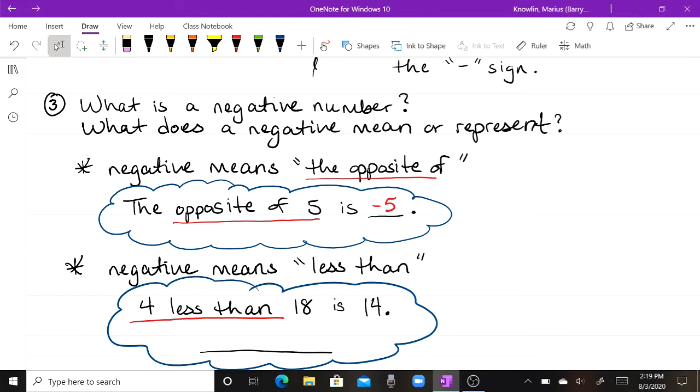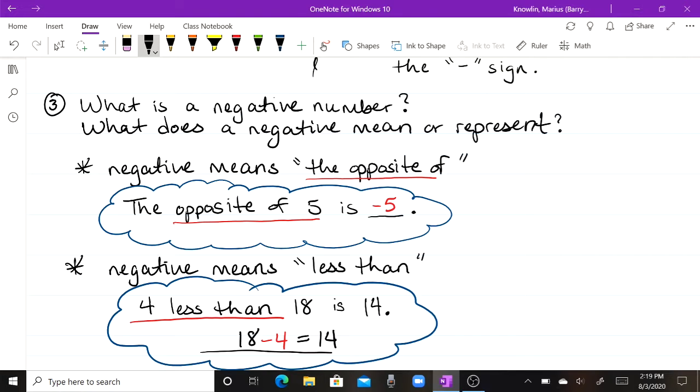So when you see the sentence 4 less than 18 is 14, that 4 is really negative. That 4 represents a negative number, and I would just put 18 minus 4 equals 14 because that's what that says. Okay, 4 less than is the -4.